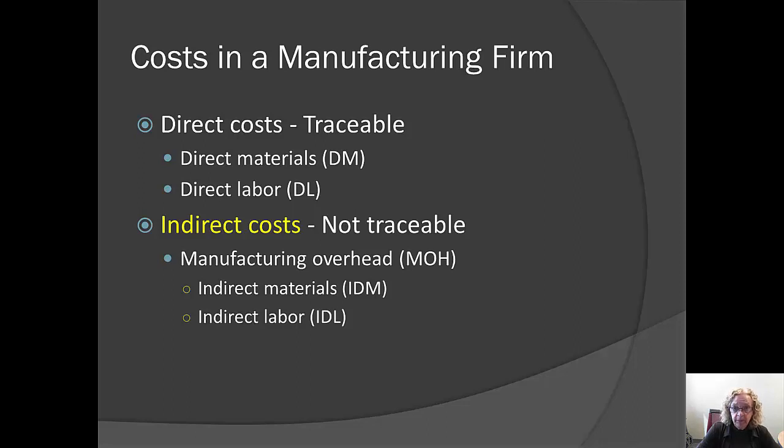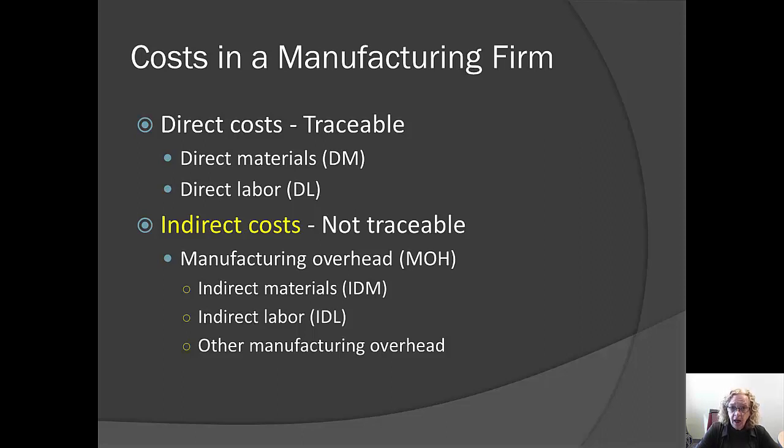For other people who work in our factory, their whole day is indirect labor because they are supervisors. They don't work on any particular job. Instead, they make sure that things are going smoothly for the people who do work on particular jobs. The third category of manufacturing overhead is other overhead items.